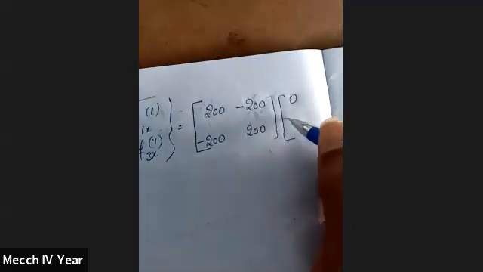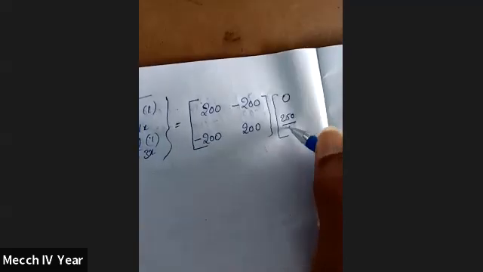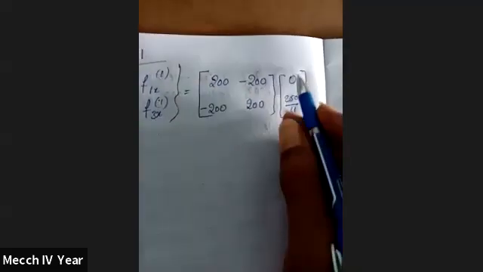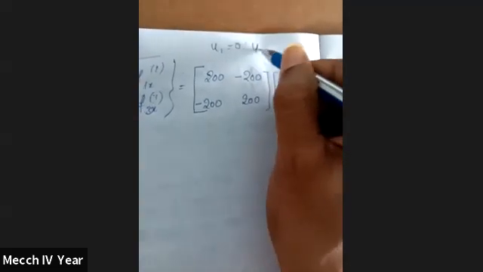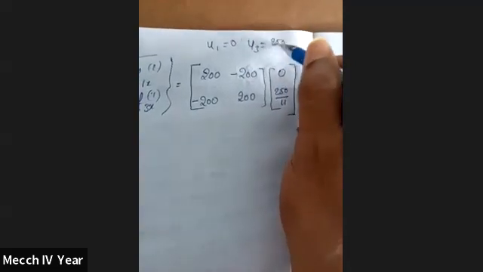Now this is 0, 250 by 11, because here u1 is equal to 0, u3 is equal to 250 by 11.